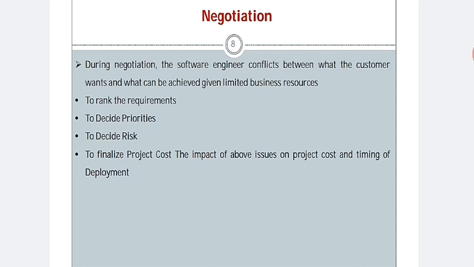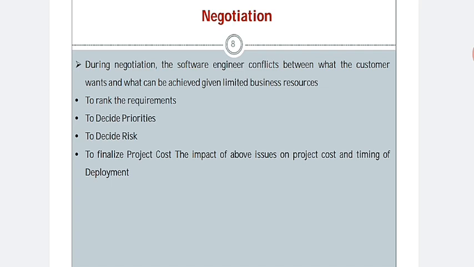So these points are to rank the requirements. Whenever we reduce the cost, the ranking issue arises. Then we have to decide the priorities; as the cost of the project is lower, it is difficult to decide the priorities. Then to decide the risk, the risk factor also depends on your project cost.